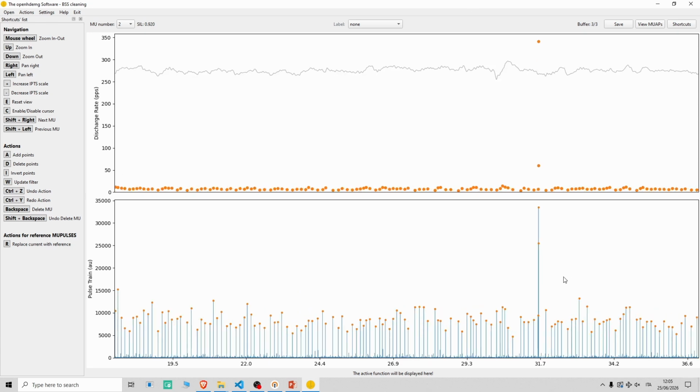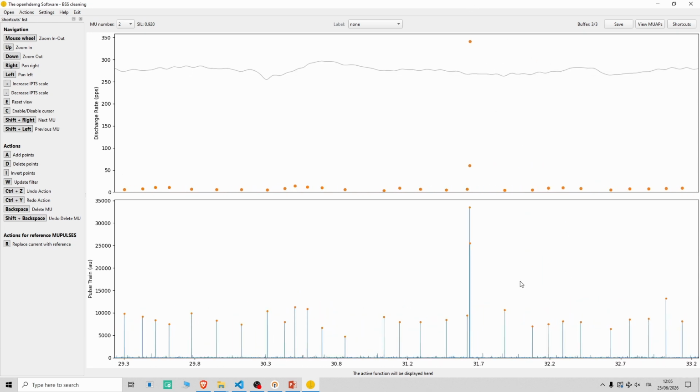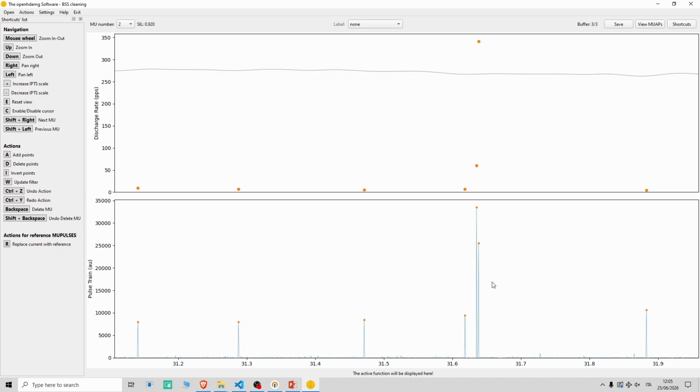We see that this is the area where there are problems, and you can see that there are three firings very close to each other. Now, there is a lot that we could say about the cleaning, how we decide which firing to remove and which to retain. Unfortunately, we don't have time, but we will, in the near future, dedicate some time to create specific tutorials for this part.